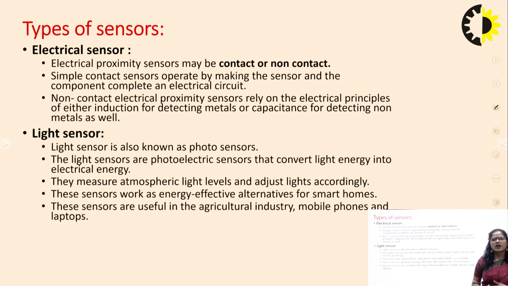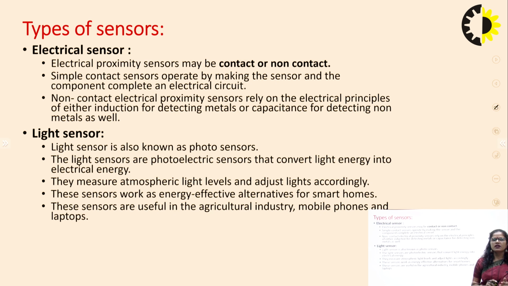Contact sensors operate by making sensors and components complete an electrical circuit, right? So it totally depends on electrical signals, right? And non-contact electrical proximity sensors rely on electrical principles, using inductance for detecting metals or capacitance for detecting non-metals as well.